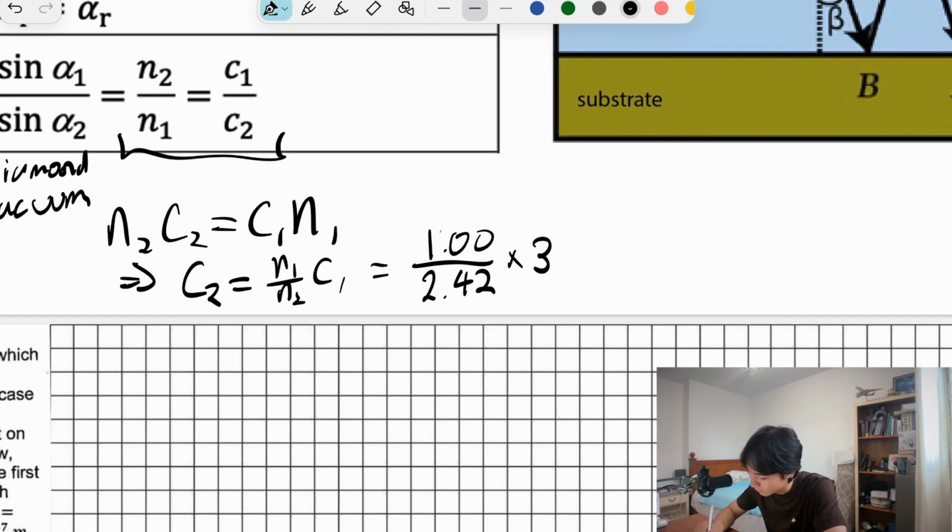For simplicity's sake, let's use 3 significant figures. It's going to be around this value here. If we punch this into the calculator, we're going to get 3 times 10 to the power of 8 over 2.42.